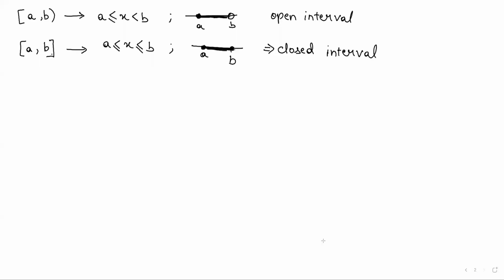Next, we'll understand that in an interval, irrespective of which interval you're considering, let's consider a closed interval. In a closed interval, A is called the lower limit of the interval and B is the upper limit of the interval.